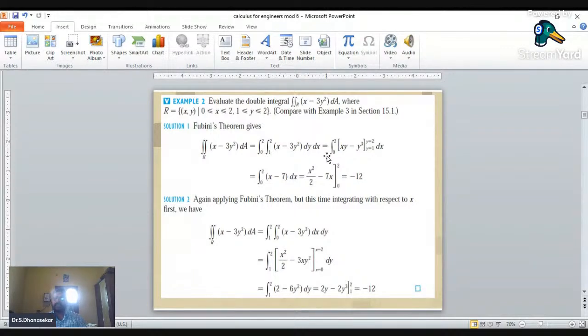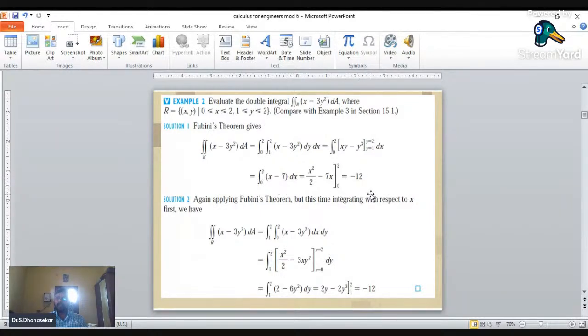When first integrating with respect to y, I will keep x as constant. Therefore, you see xy minus 3y cube by 3, the 3 will get cancelled. You will get this. Then this result will be integrated with respect to x and put the limits.